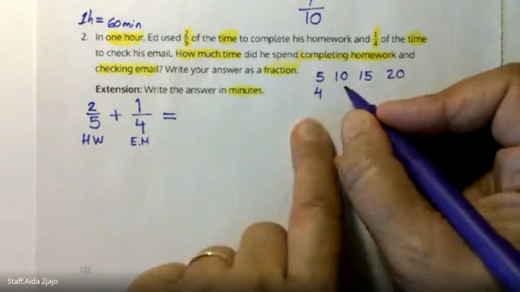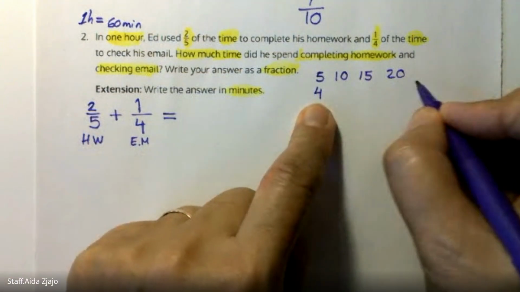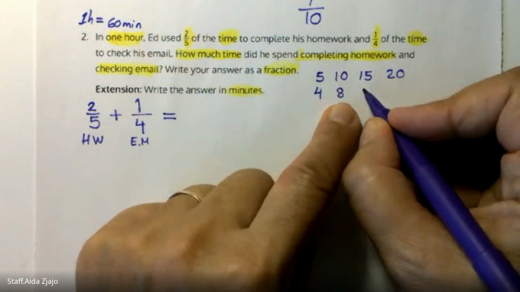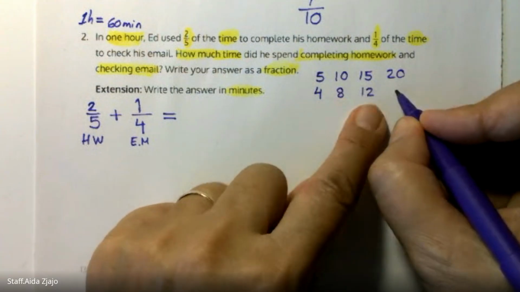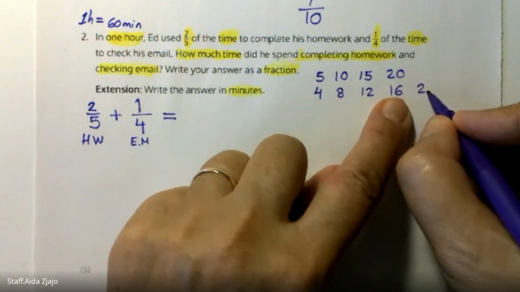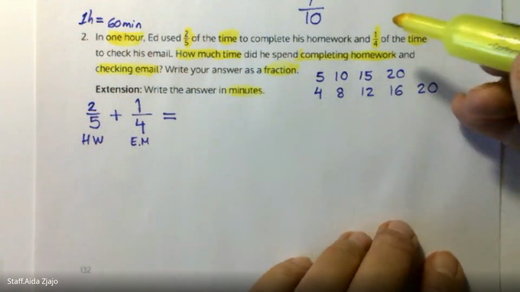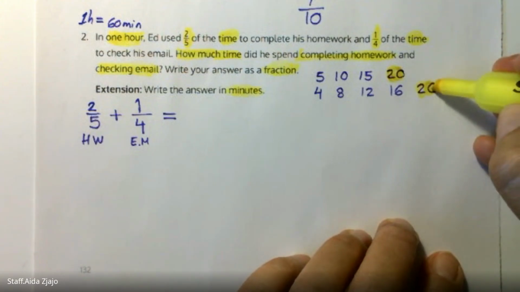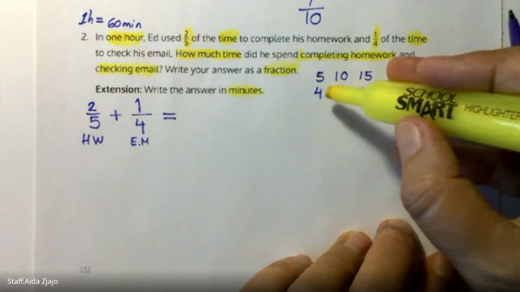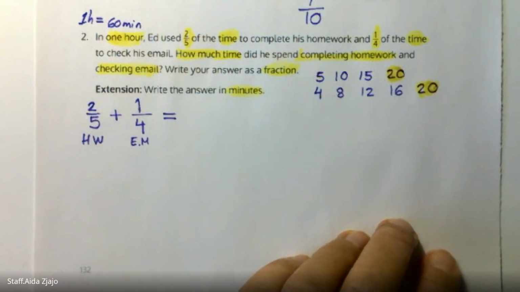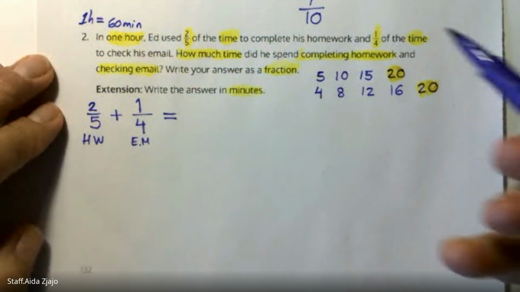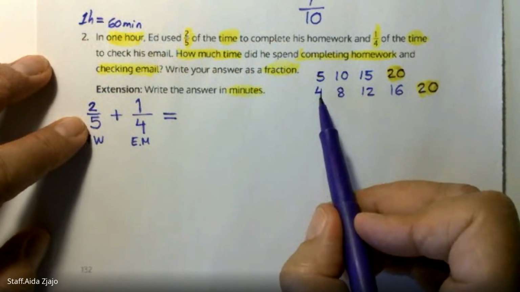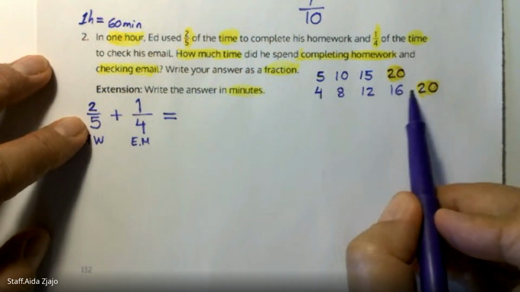I know then I can go by 4 also till 20. So 4, 8, 12, 16, and 20. I found their least common multiple because I can change 5 into 20 and 4 into 20. So how? 5 times 4, 1, 2, 3, 4, and 4 times 5, 1, 2, 3, 4, 5.